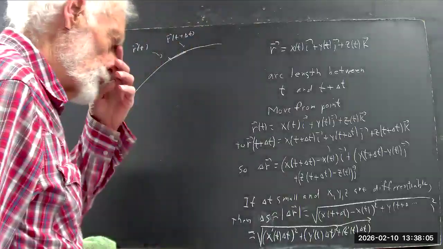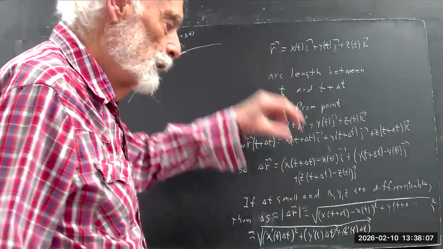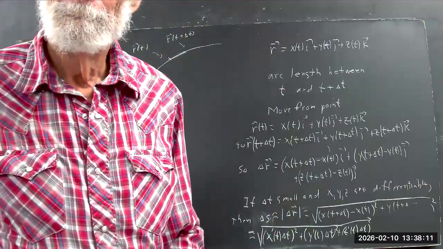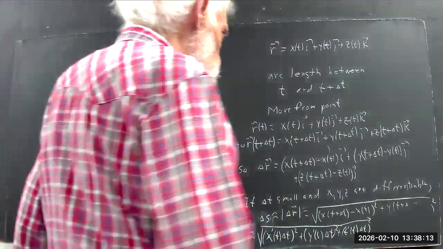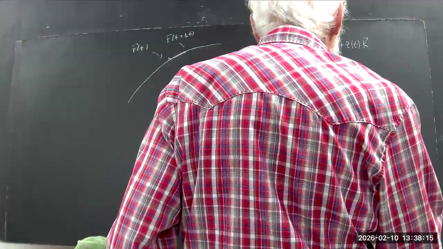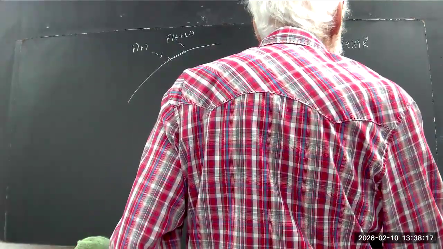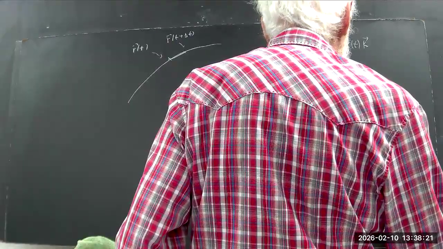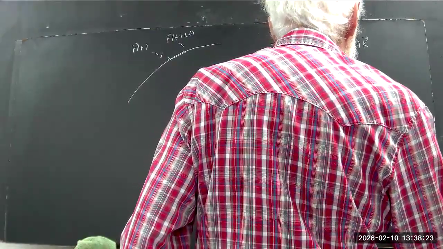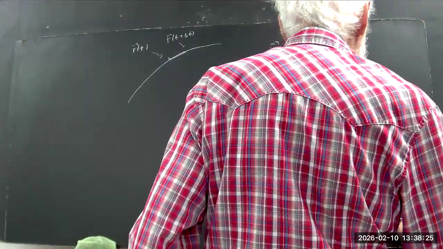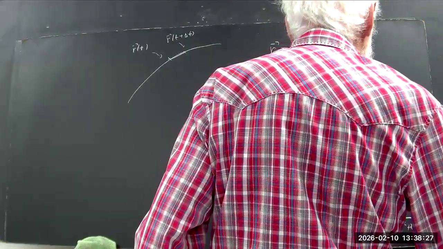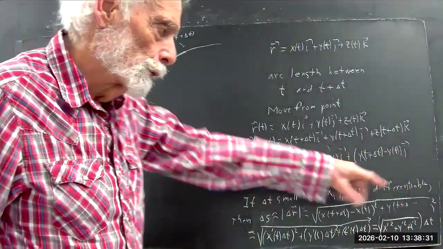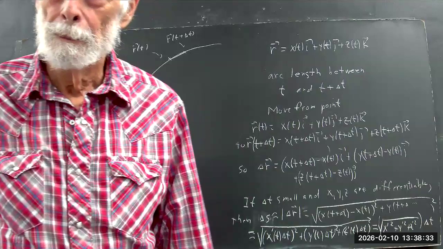So you add up all the squares of x prime delta t and y prime delta t and z prime delta t, right? And of course, that just equals, you can factor out a delta t squared, but it's under the radical, so you just get a delta t, right?